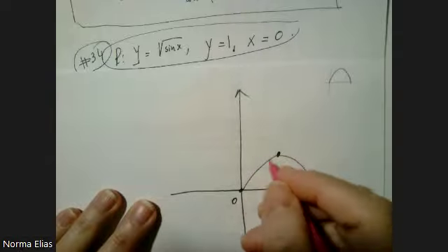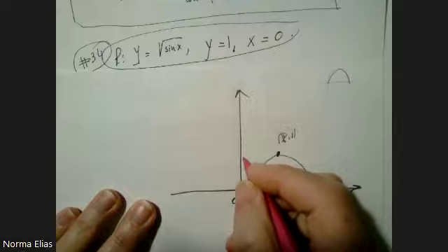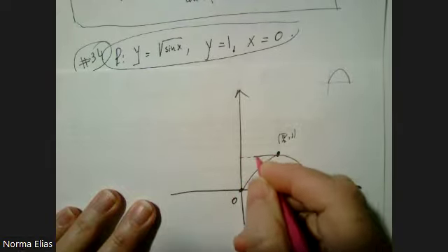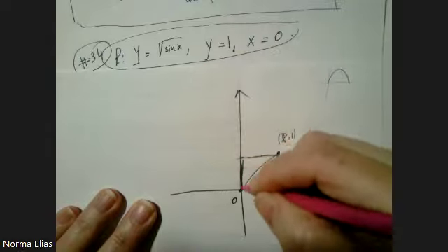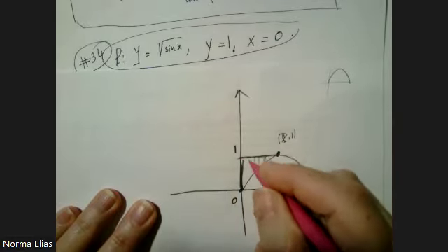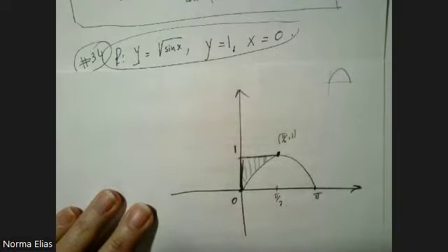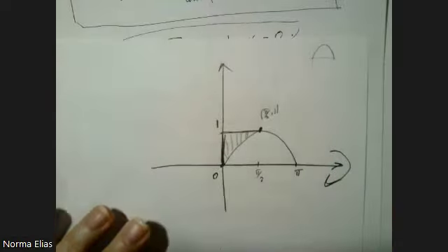And y equal to 1. So this is the point, this is pi over 2 and 1. This is y equal to 1. And x equal to 0. So this is 1, and this is the region I'm interested in. And we're going to rotate this about the y-axis.